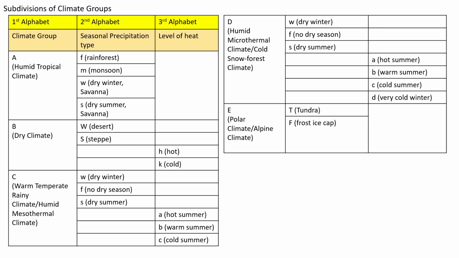The second alphabet for group A: F stands for rainforest, M stands for monsoon, W stands for dry winter savanna, and S stands for dry summer savanna. Savanna is a type of grassland which has huge trees as well as grassland.